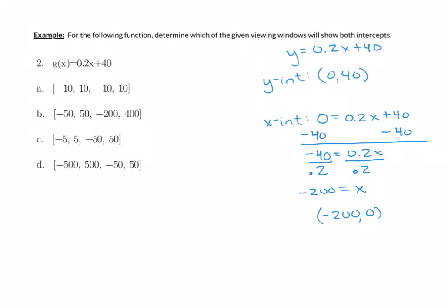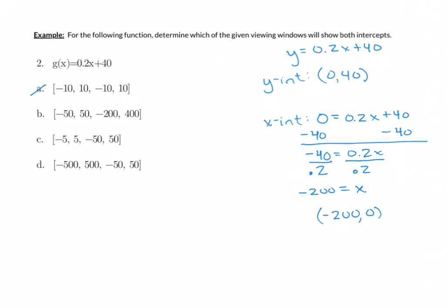Okay, so let's go ahead and look at each one of these. Is our standard viewing window a good option? No, this is not going to show us our x-intercept or our y-intercept. Negative 200 is not between negative 10 and 10. And same thing with 40, it is not between negative 10 and 10.